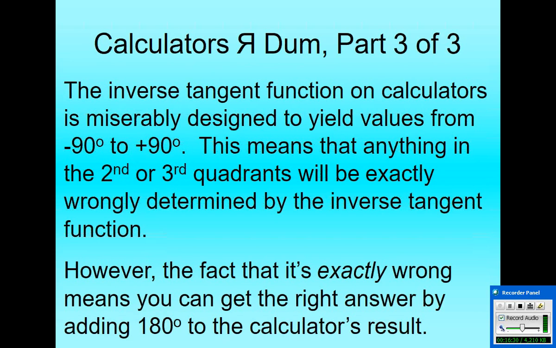If your vector is pointing in quadrant 2 or quadrant 3, the calculator is going to give you exactly the wrong answer. Fortunately, the answer is exactly wrong. And because it is exactly wrong, if your vector is in quadrant 2 or quadrant 3, use your calculator, get the result, but then add 180 degrees to the calculator's result. If your vector is in quadrant 2 or quadrant 3, when you do inverse tangent, take that result, add 180 degrees.